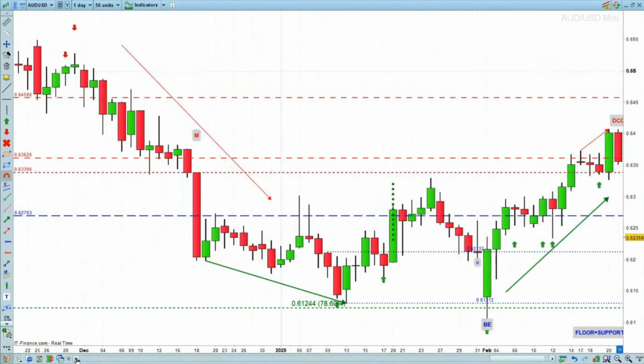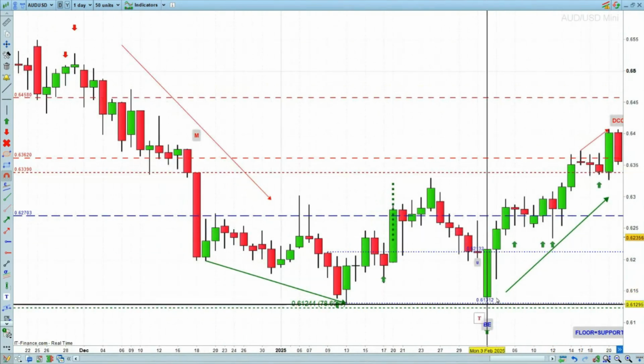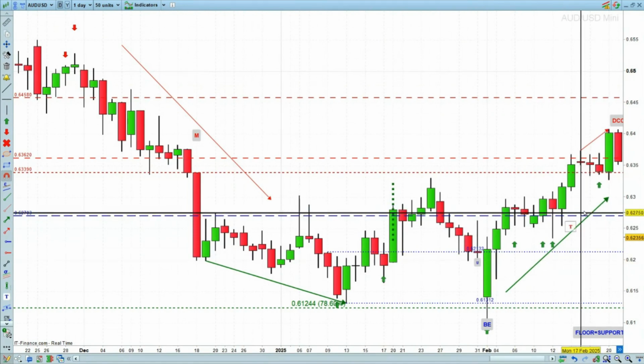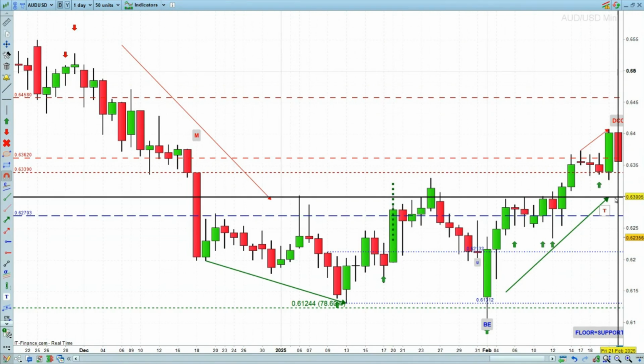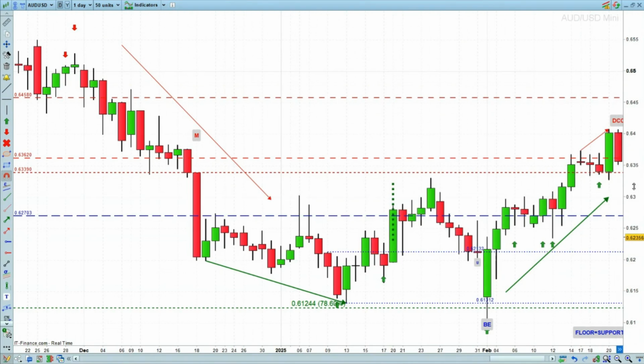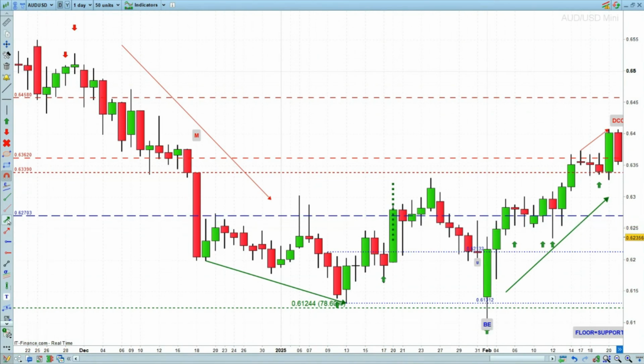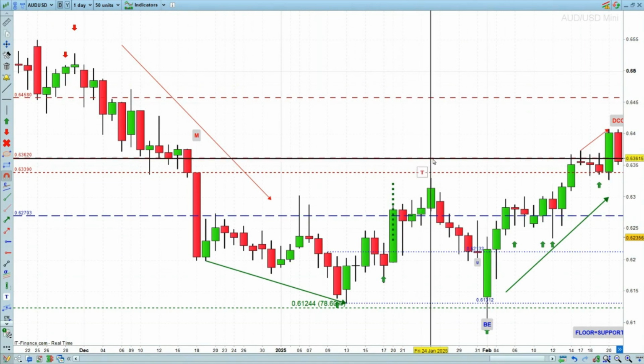The definition of dark cloud cover is it should appear after an uptrend, which means higher swing high and higher swing low, and at a resistance.